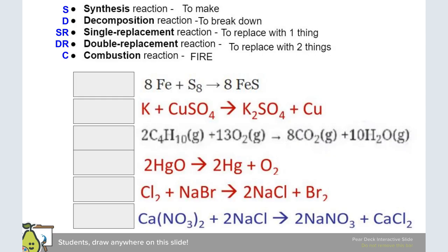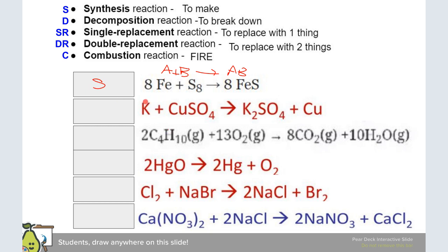All right. So let's look at this again. So this one, 8 FeS, and so we've got A plus B gives AB. So synthesis.